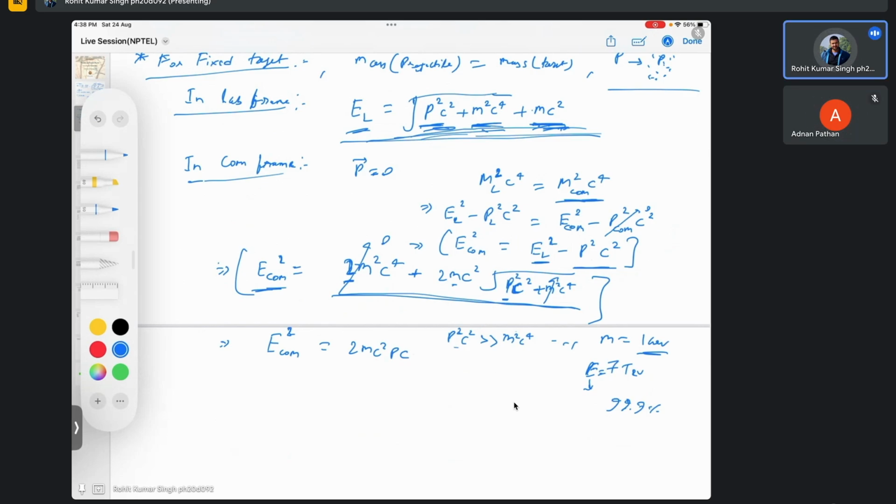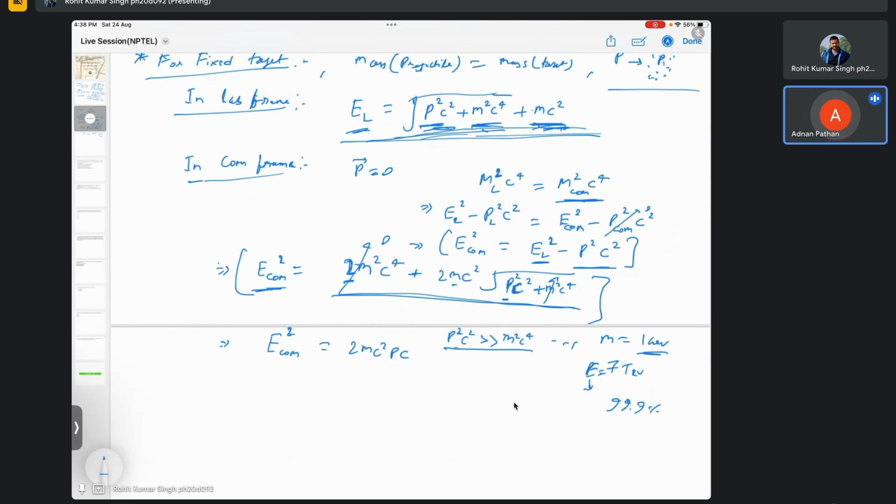So this will happen when you accelerate the projectile to a very high energy. We are saying that the energy because of the momentum is much greater than the energy because of the mass. The momentum is greater than the rest mass of the particle when you accelerate it, so then we can neglect the rest mass energy.